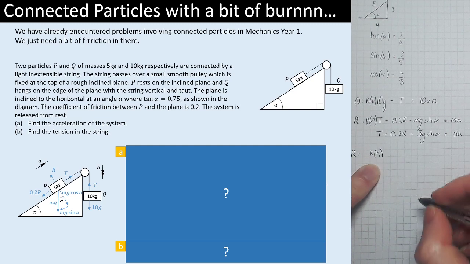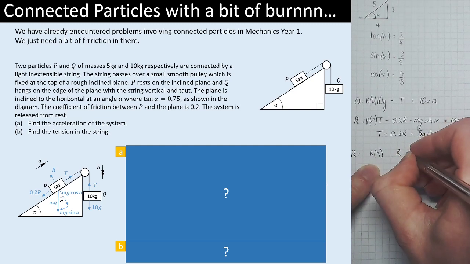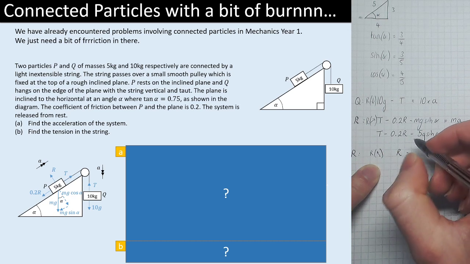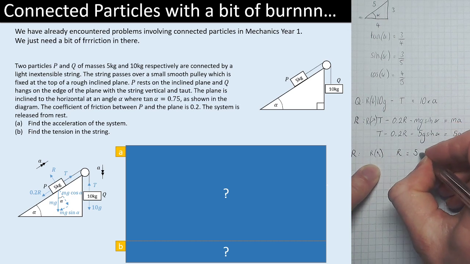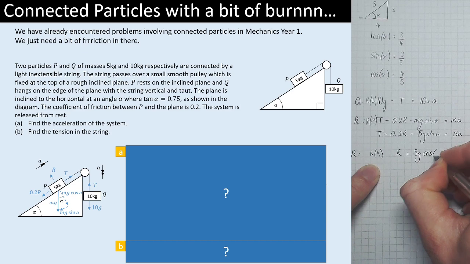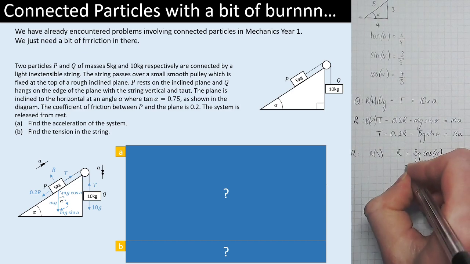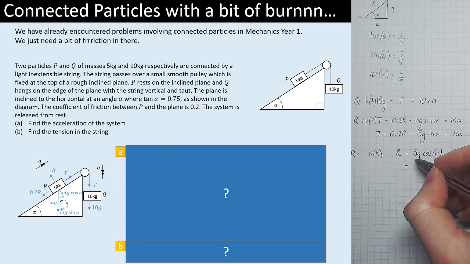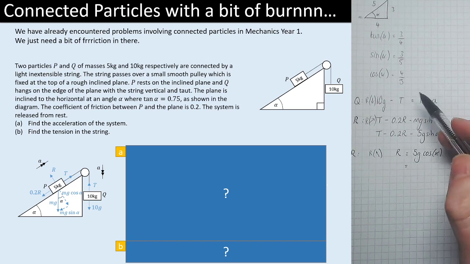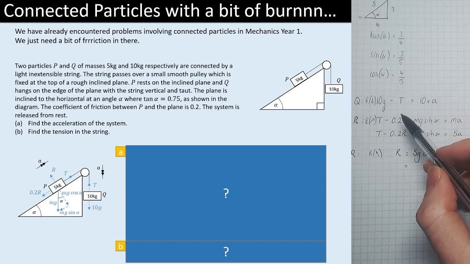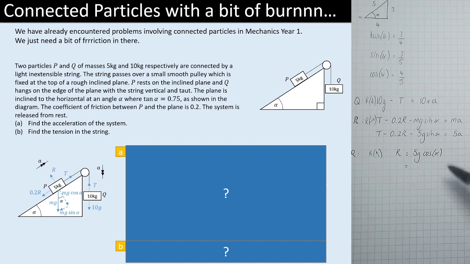So perpendicular to the plane, we have R is equal to mg cos alpha, or 5g cos alpha. Now, 5g, that's just going to be 5 times 9.8. Cos alpha is 4/5. So I've got 5 times g times 4/5.